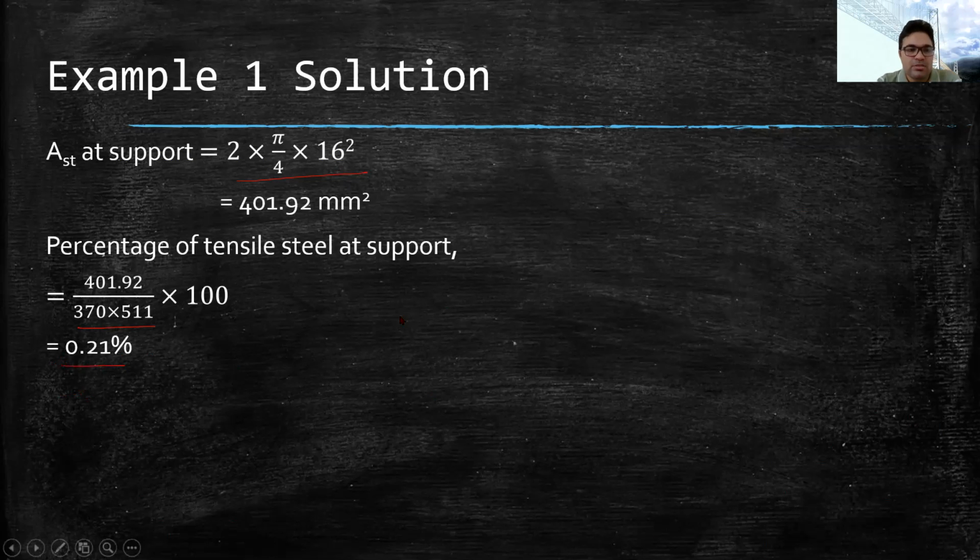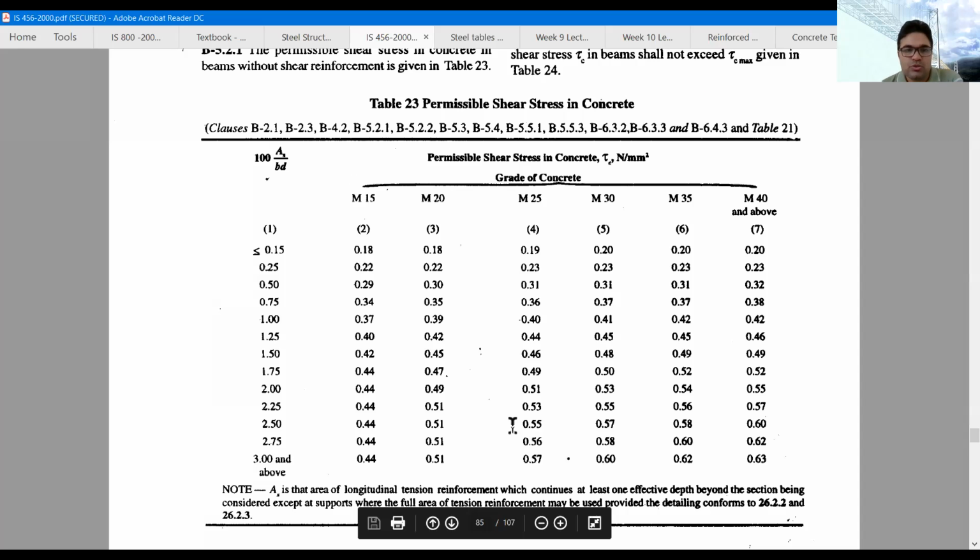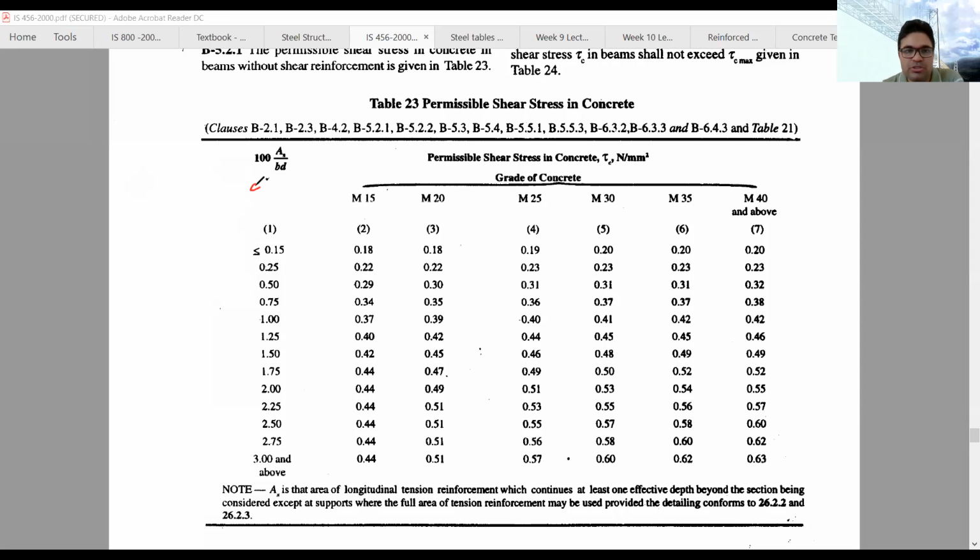Now we will look for tau c again from the table. Again I will show you the same table. There you can see that the percentage of steel in our case is 0.21%. For percentage of steel 0.15 or less, the value of tau c is given here, and for 0.25 it is given here.